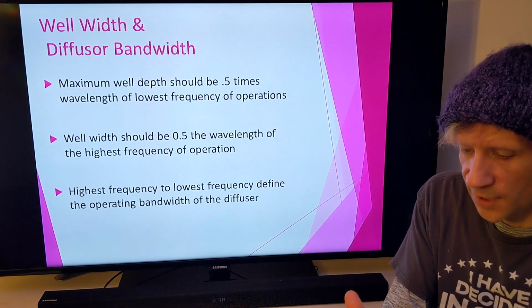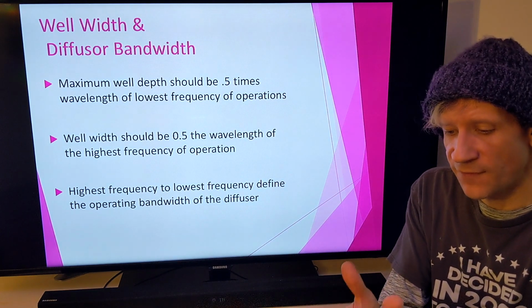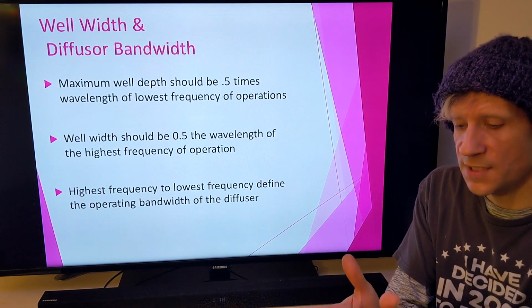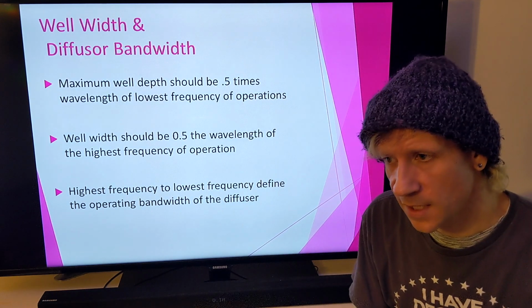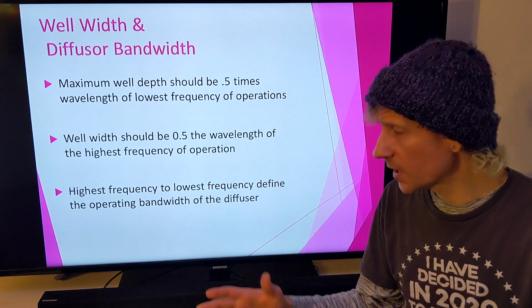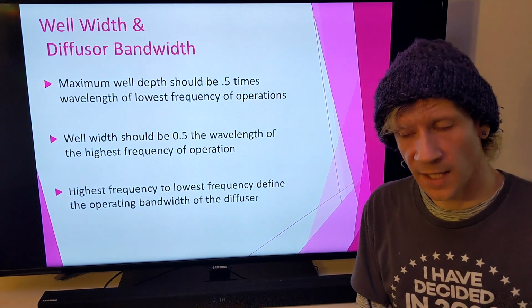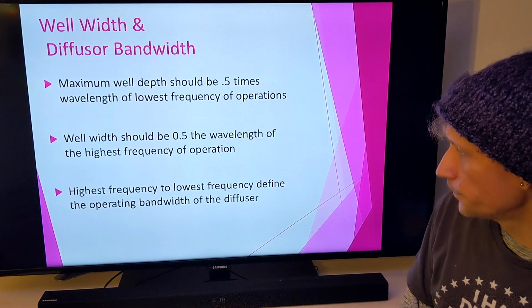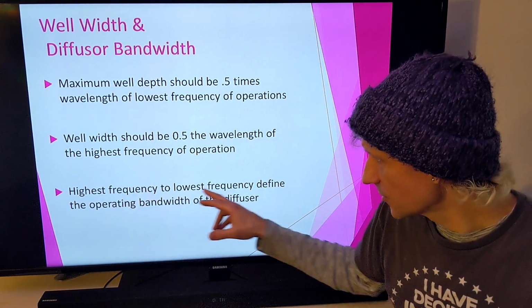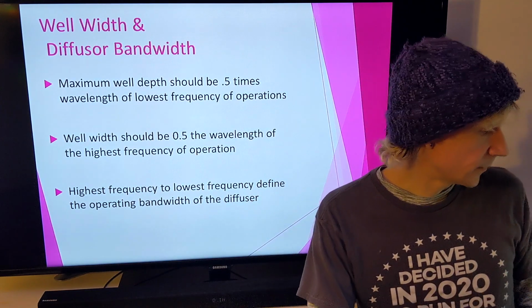If we want to be effective at 4K, we need half of that wavelength of 3 inches. That means if our well widths are 1.5 inches, then it's going to be effective up to 4K, but not really effective above 4K. And then the highest frequency to lowest frequency define the operating bandwidth of the diffuser.